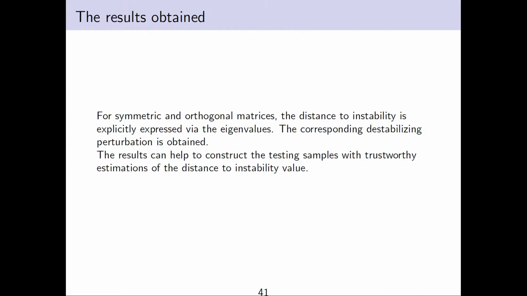Eigenvalues are in symbolic form. Eigenvalues we can compute with any precision. And then these formulas are explicit. And for these two classes of matrices, we can obtain the result with arbitrary precision. But for the other classes of matrices, the problem has no solution.